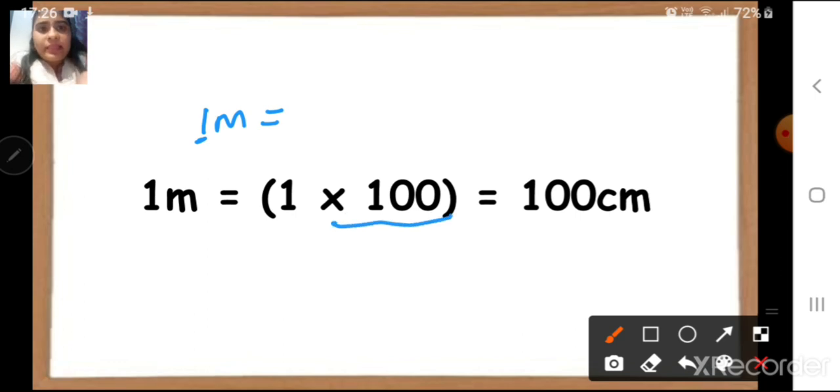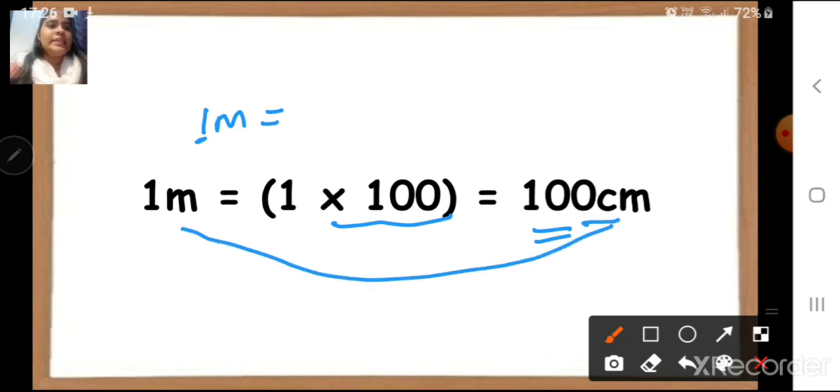We multiply the number by 100. 1 times 100 is equal to 100. So our answer is converted from meter to centimeters. How do we do it? By multiplying it by 100.